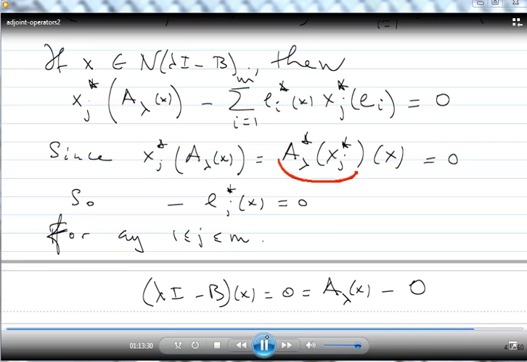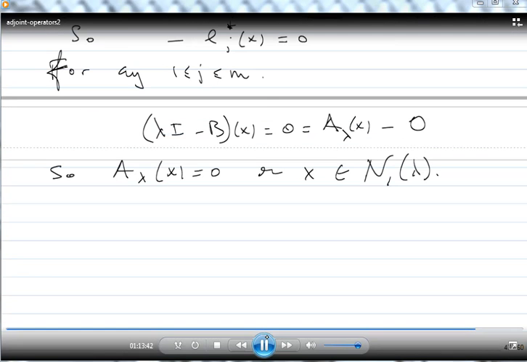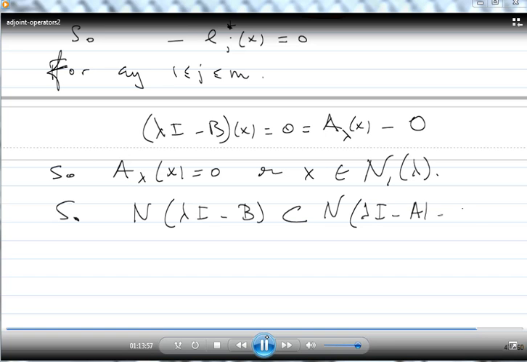So A lambda of x equals 0, or x belongs to N of lambda. Excellent. So this implies the null space of lambda I minus B is in the null space of lambda I minus A, or N1 lambda.